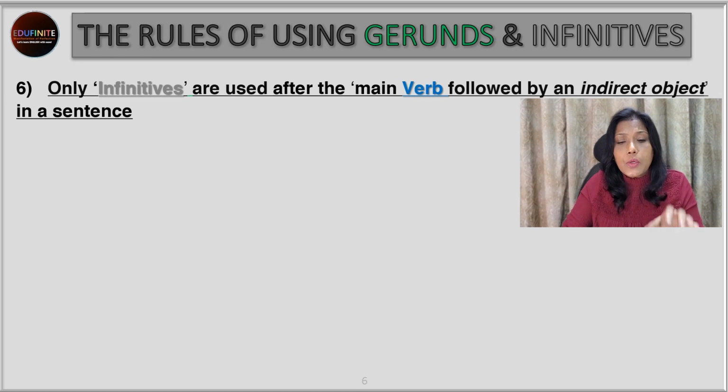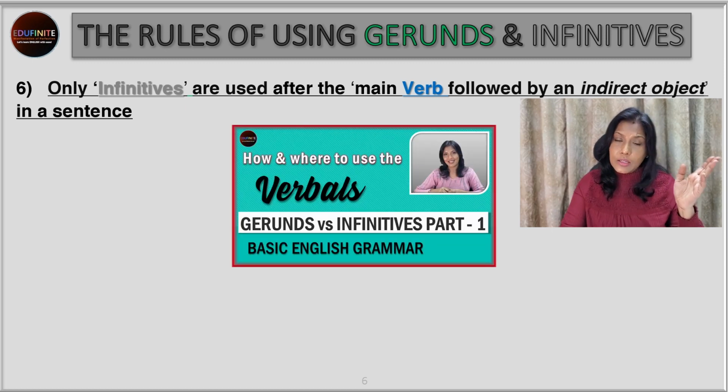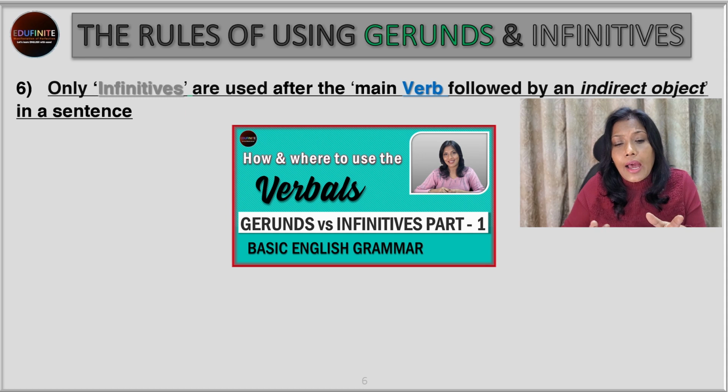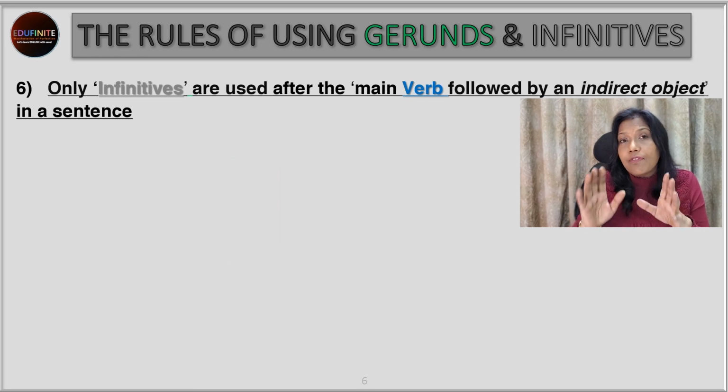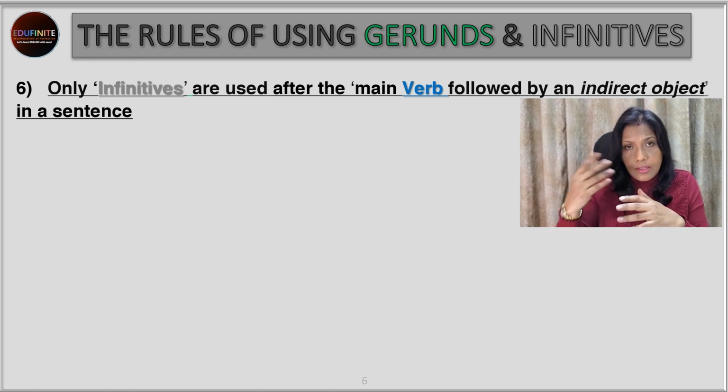Only infinitives are used after the main verb followed by an indirect object in a sentence. So in part 1 of this video, I explained how infinitives and gerunds are used as objects of a verb. Here we have to focus that when the main verb has an indirect object after it as a pronoun, then after that we have to use the infinitive.